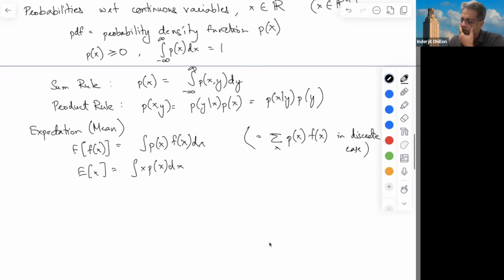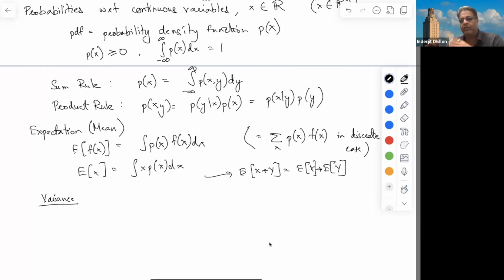Okay. In addition to expectation or the mean, there's another important concept called variance. Okay. By the way, note that expectation has this property that expectation of x plus y is linear. It is the expectation of x plus the expectation of y. And you can see that easily from the integral, because the one integral will become the sum of two integrals.